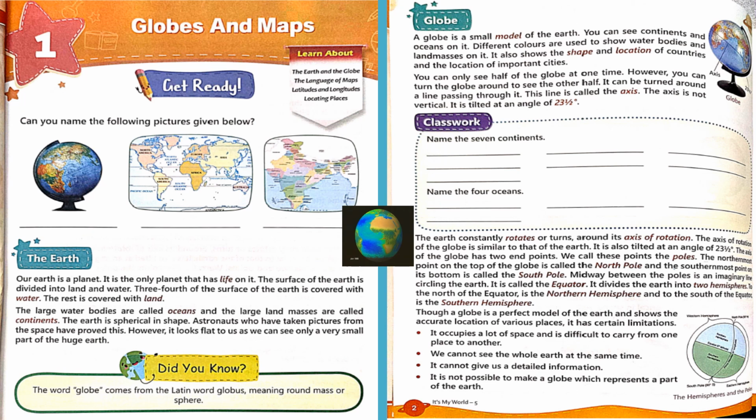The northernmost point on the top of the globe is called North Pole, and the southernmost point on its bottom is called South Pole. Yes. Though a globe is a perfect model of the earth and shows the accurate location of various places, it has certain limitations.